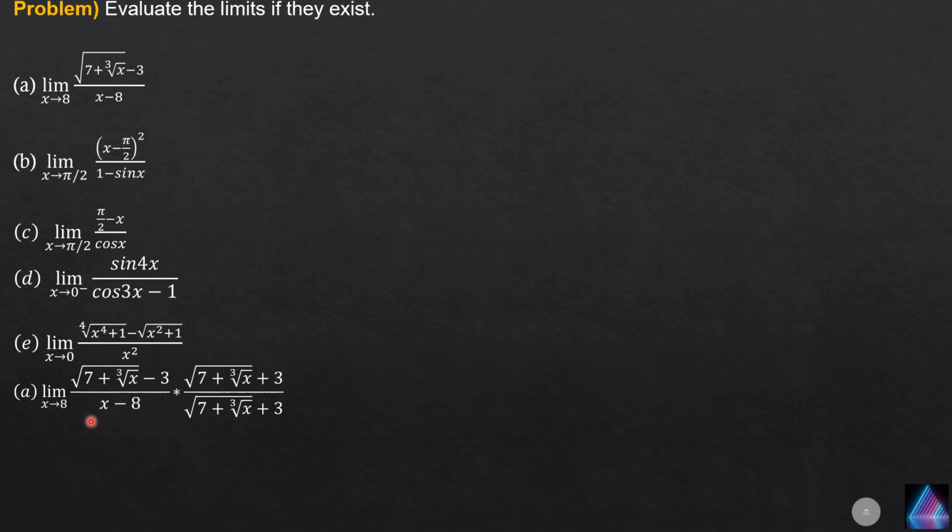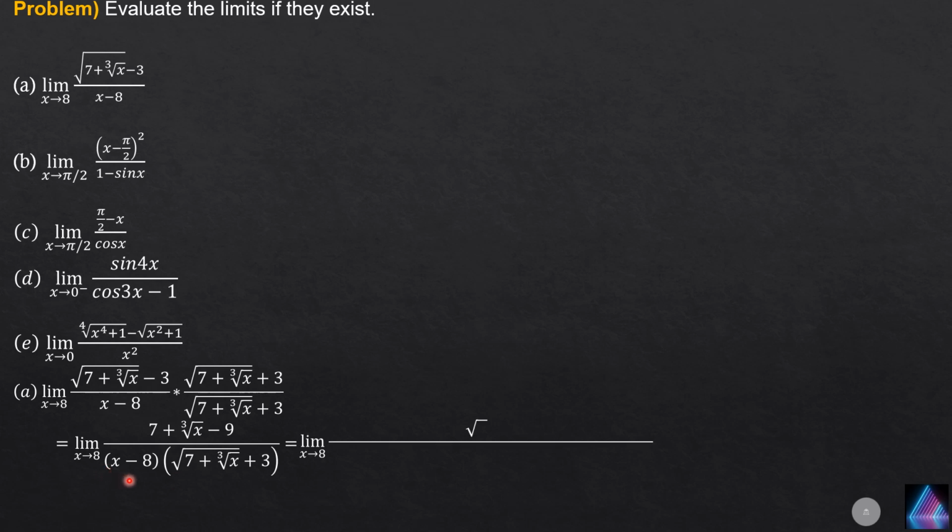So this is now equal to limit of 7 plus cube root of x minus 9 over quantity x minus 8 times this quantity square root of 7 plus cube root of x plus 3, which reduces to cube root of x minus 2 over cube root of x minus 2.